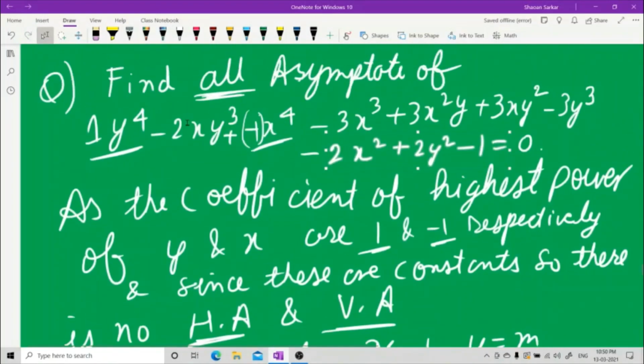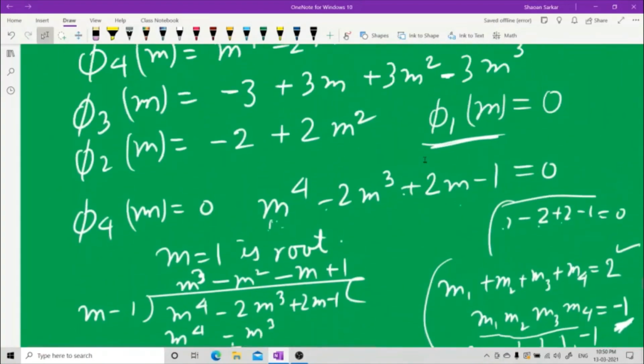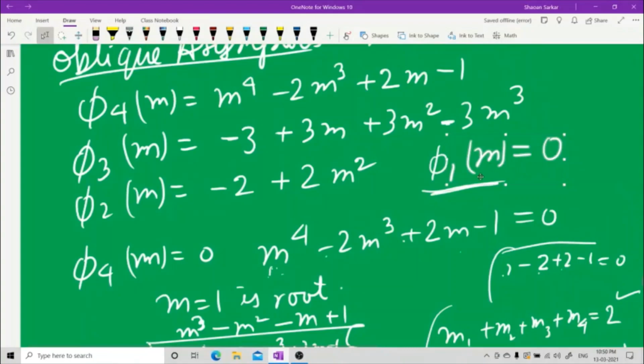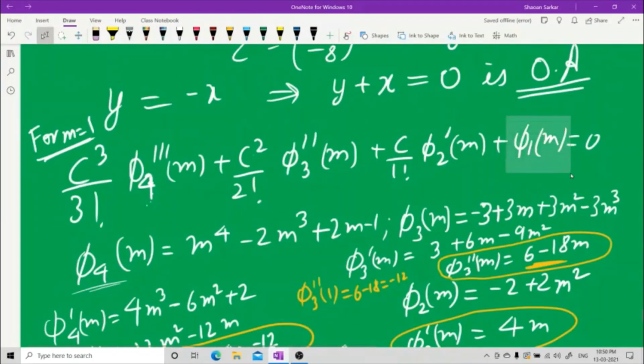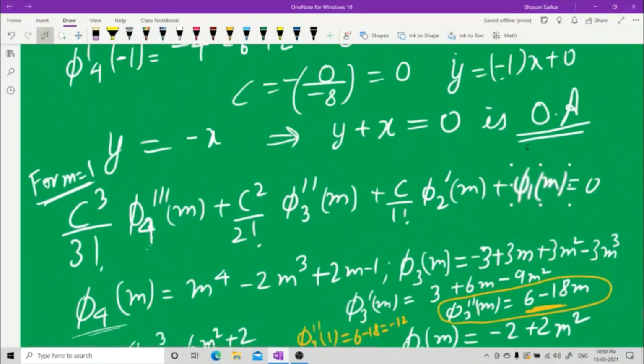As there is no single power of x and y, phi 1m is 0. So when I put this here, phi 1m is 0, only this term is there and the other term is 0.